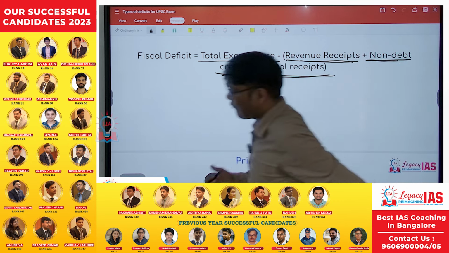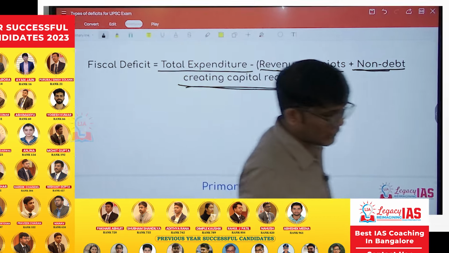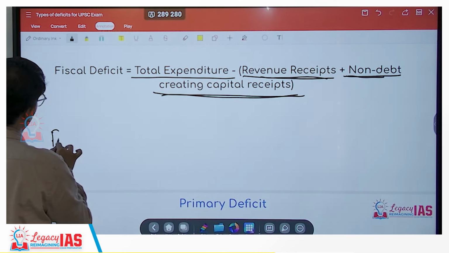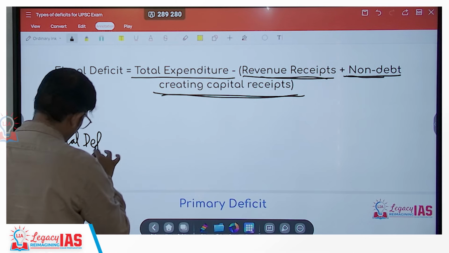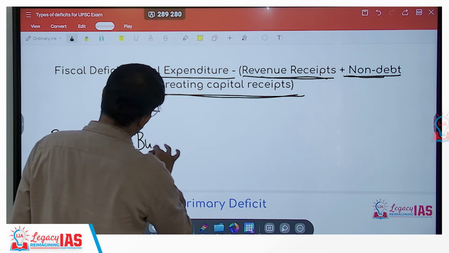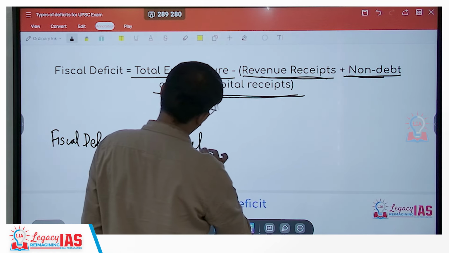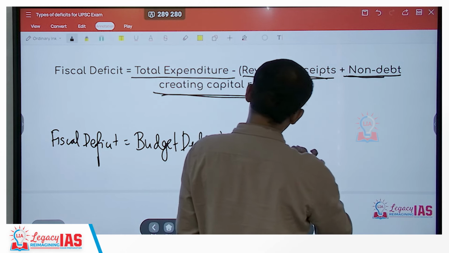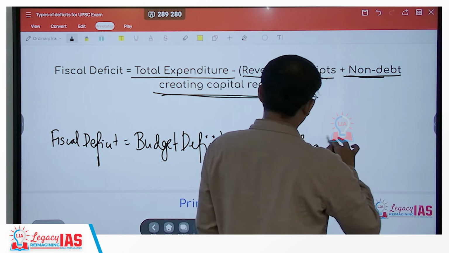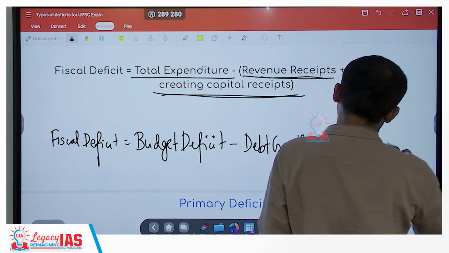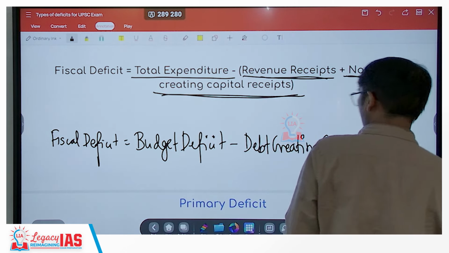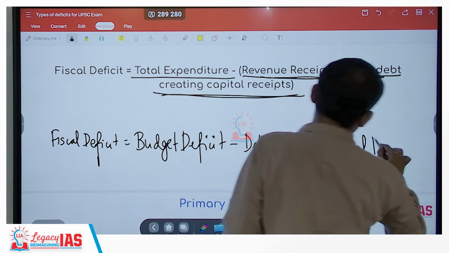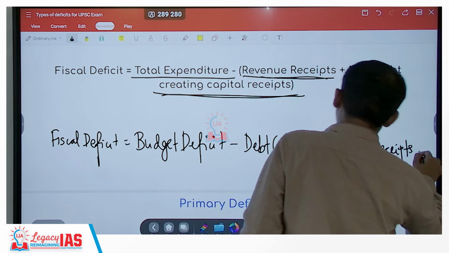Meaning you are not subtracting what? You are not subtracting the debt creating one. Okay? Debt creating part is gone. So you can also write this in this manner. Fiscal deficit equals budget deficit minus debt creating capital receipts.